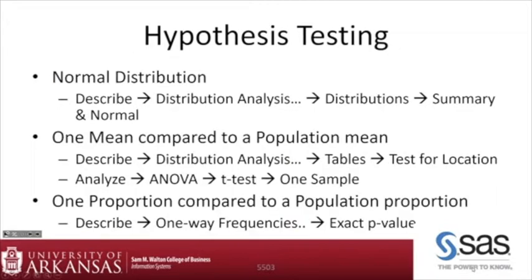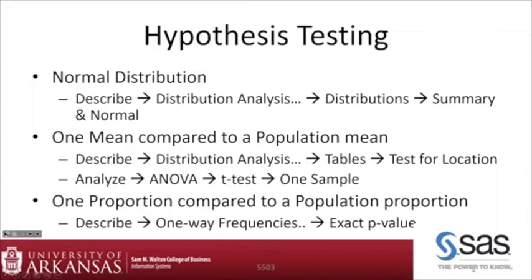Now, the last thing, and the thing I'm going to preview real quickly, and this is what we didn't get to last Wednesday, is when we get to hypothesis testing. One of the things about hypothesis testing, when we're talking about a sample to a population, is we're going to make the assumption that we have a normal distribution.